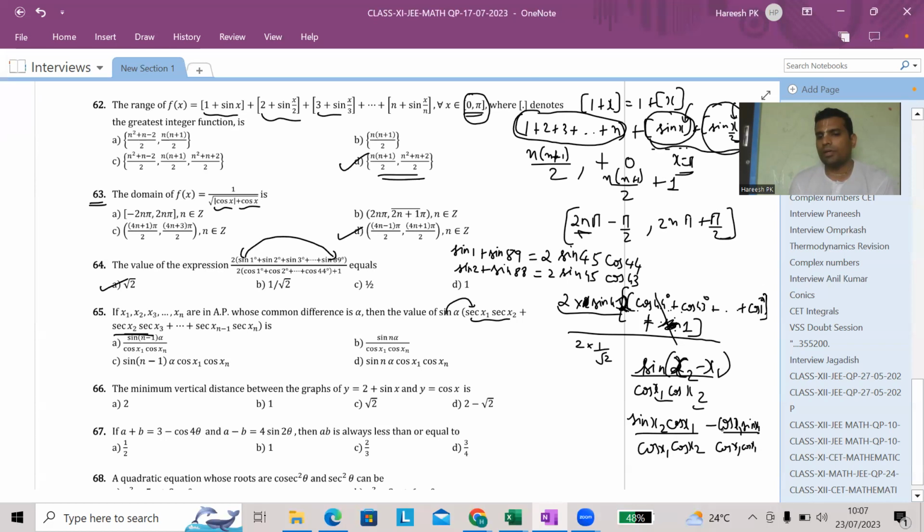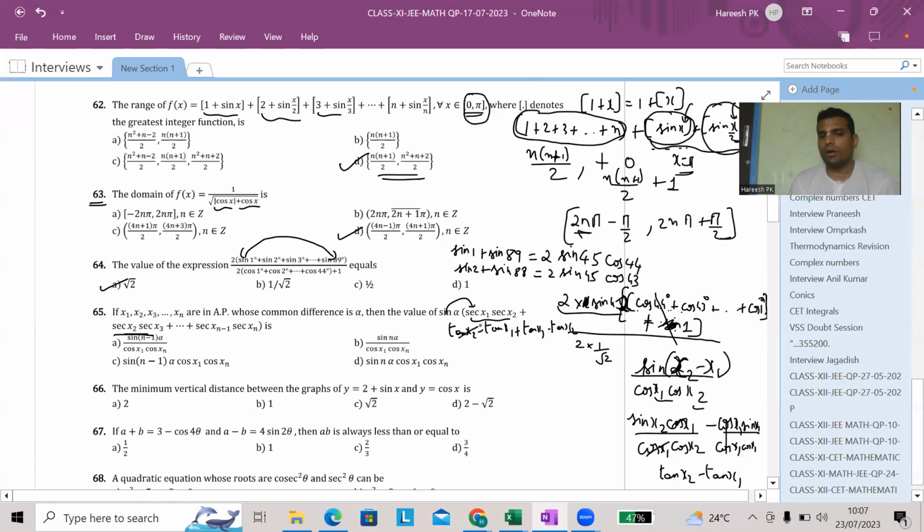So when you simplify, you'll end up getting tan x2 minus tan x1. That is the first term. Similarly, second term will be tan x3 minus tan x2, isn't it? So you'll get tan x2 minus tan x1 and tan x3 minus tan x2.